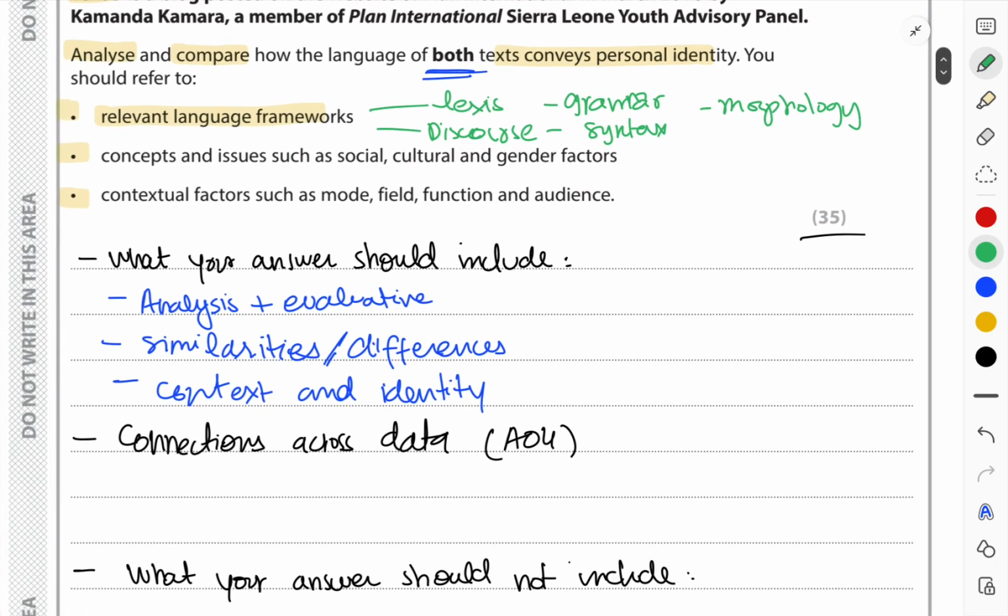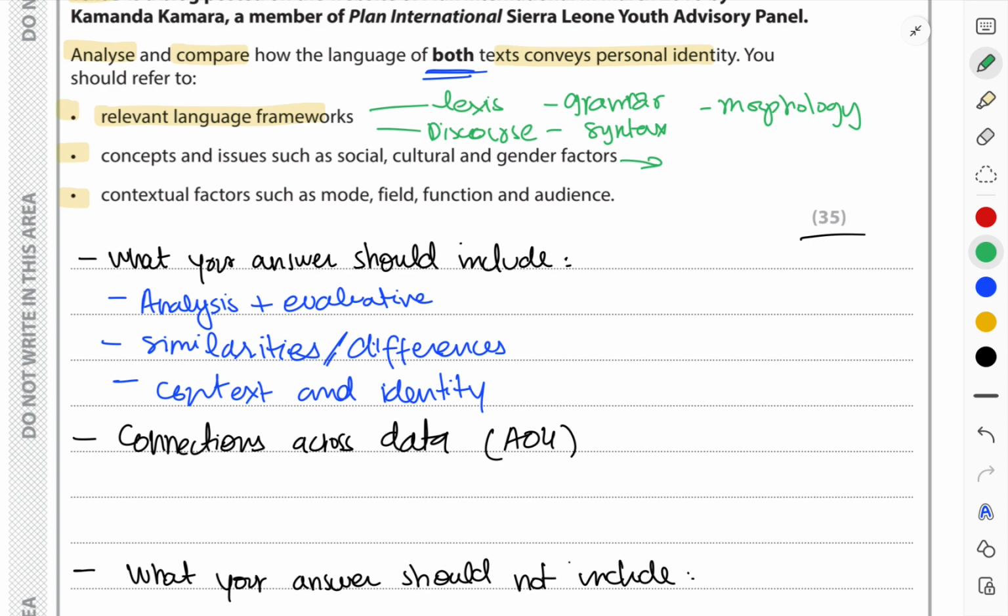The second bullet point says concepts and issues such as social, cultural, and gender factors. Now, it's very simple. Sometimes it might seem really complicated to figure this out from the texts, but sometimes it's pretty straightforward.